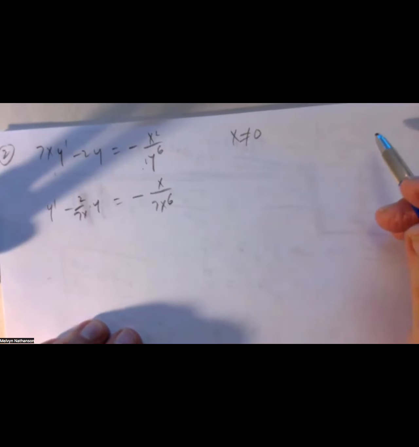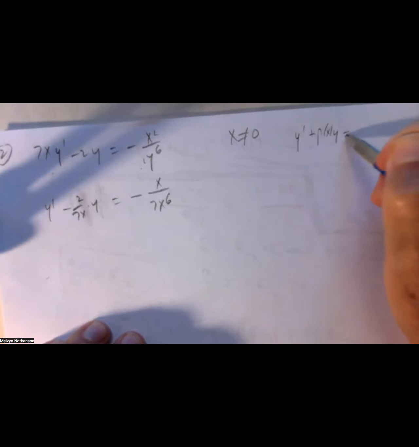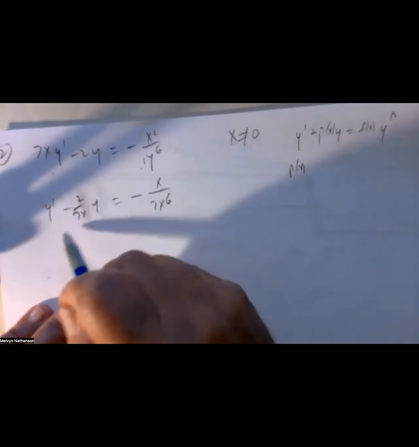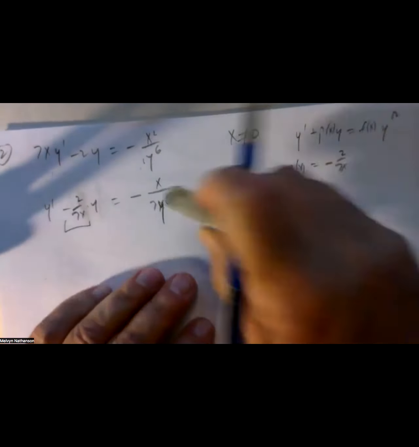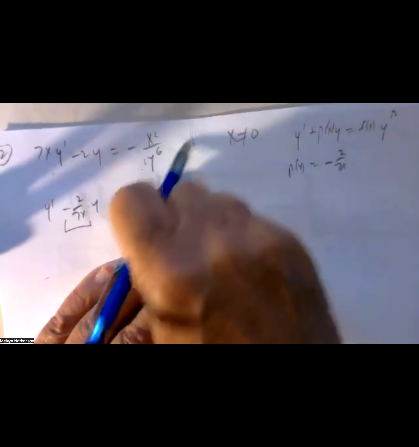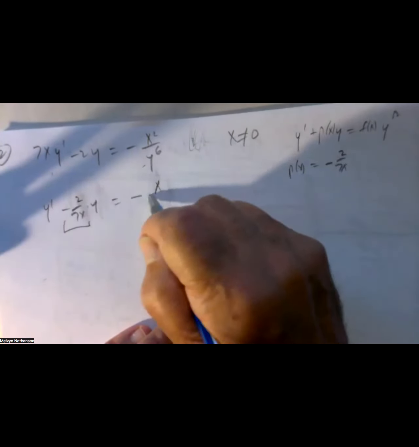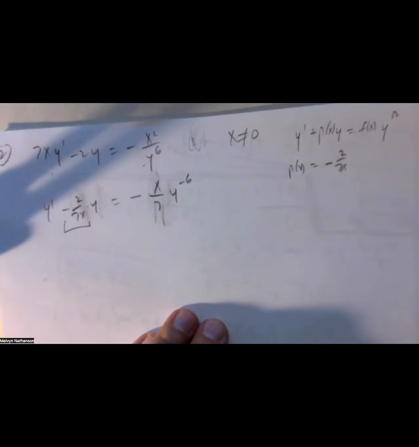So again, if you compare this to the general form of the Bernoulli equation, which is y prime plus p of x y equals f of x y to the r, my p of x is this, minus 2 over 7x. And then y to the 6th in the denominator, so this is minus x over 7 times y to the power minus 6.